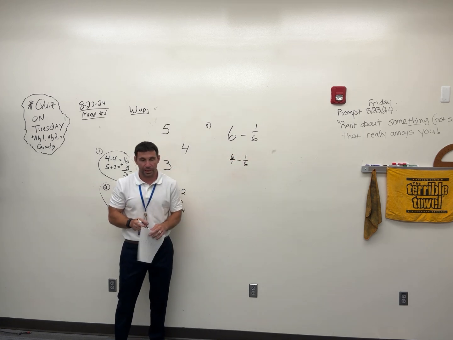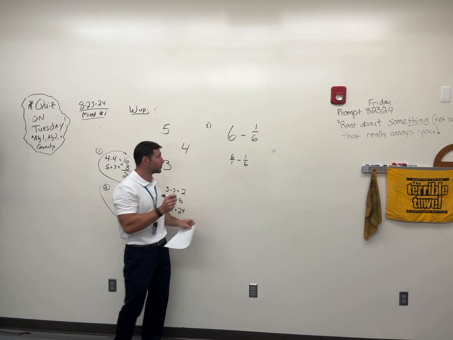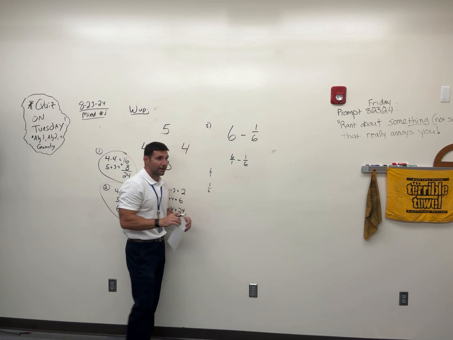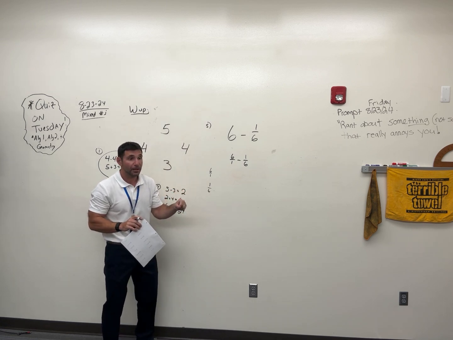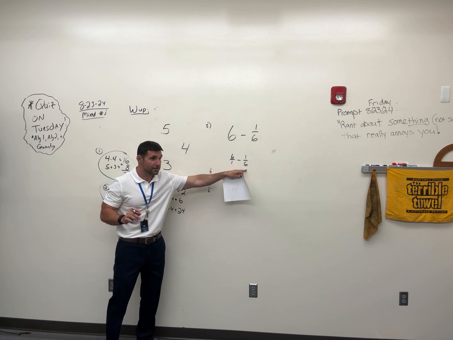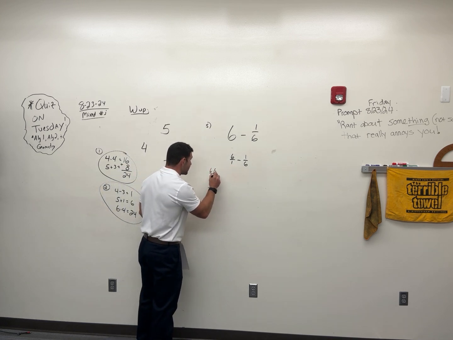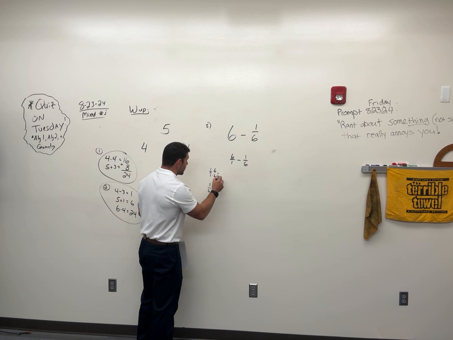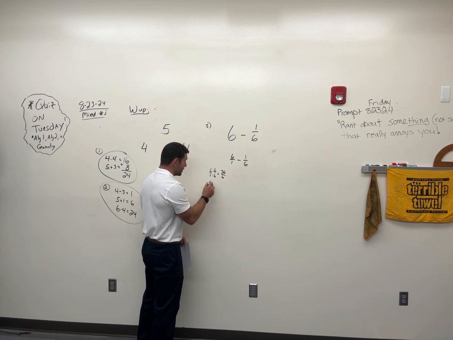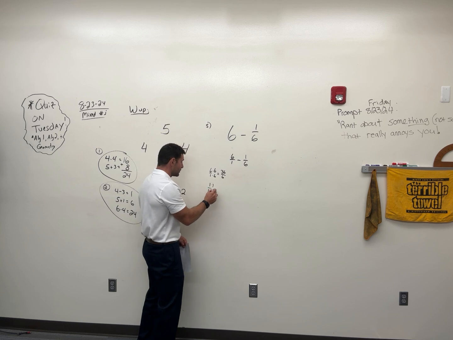Are the denominators the same? No. So we need to get the denominators the same. When we have different denominators, we multiply by the opposite denominator. The opposite denominator of 1 is 6. So we multiply. The dots are multiplication. 6 multiplied by 6 is 36. 1 times 6 is 6. The other denominator is 1.